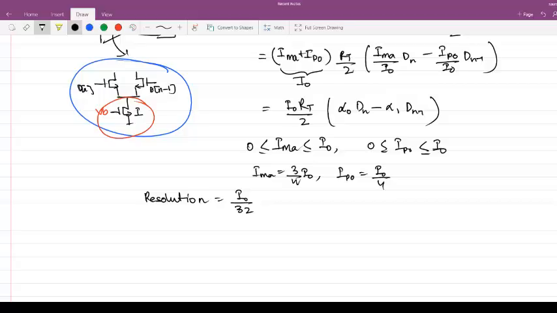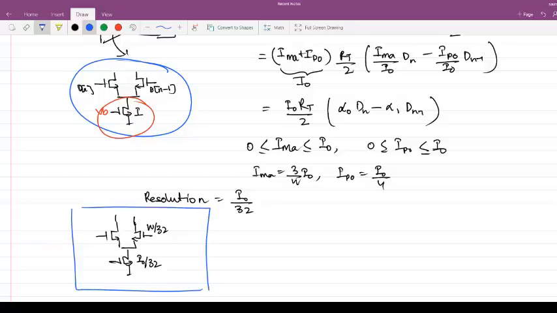What I will do is make a cell which carries only I naught by 32 current, and the input pair is also sized in that manner. Just for example, let's say this is W by 32. So I will use 32 such cells to realize one main cursor and one post cursor, and depending on whatever resolution I want, I can change it.